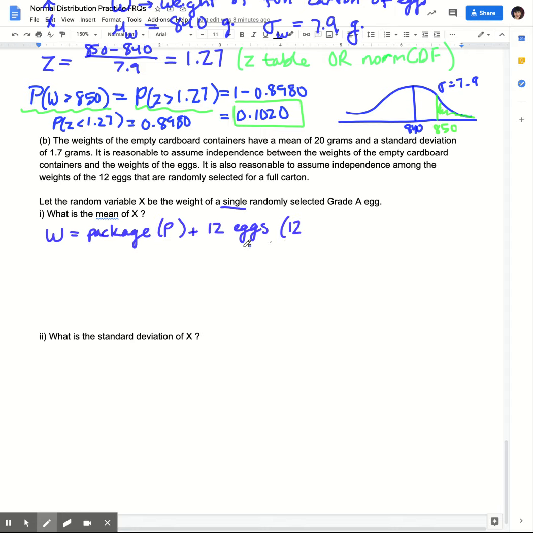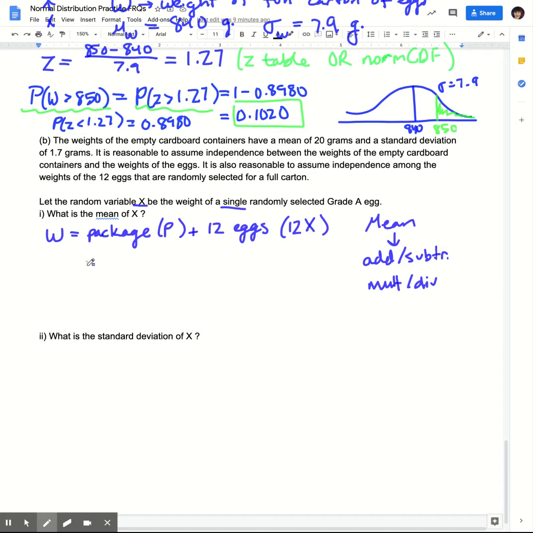Okay, so that's 12 times X, because X is the variable that I gave to one egg. Remember that we know for mean and standard deviation, when you are calculating a new mean and a new standard deviation, that mean is affected by both addition and subtraction, as well as multiplication and division.